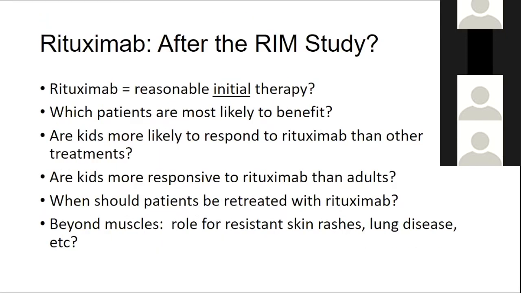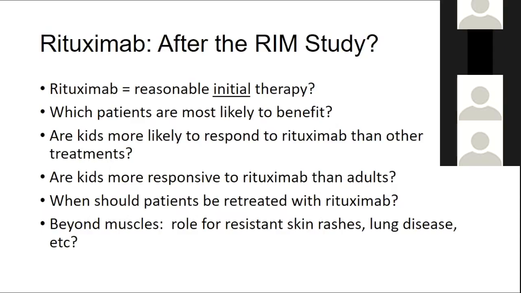So the questions that were raised after the RIM study is wondering whether rituximab is a reasonable initial therapy. Right now, it's not an initial medication that we give for juvenile or adult myositis. It comes as a later medication when patients don't respond well.